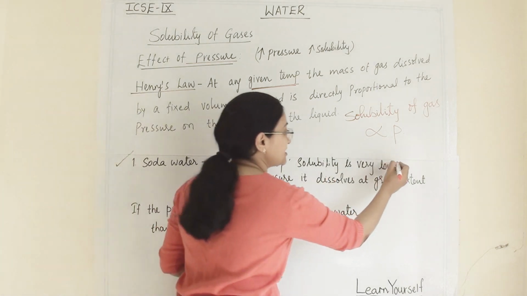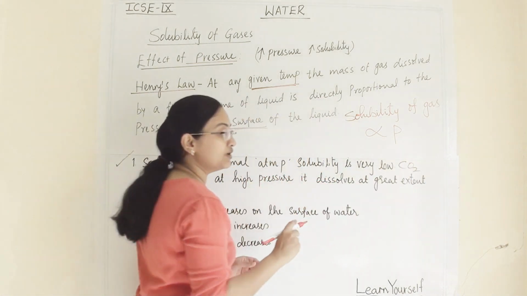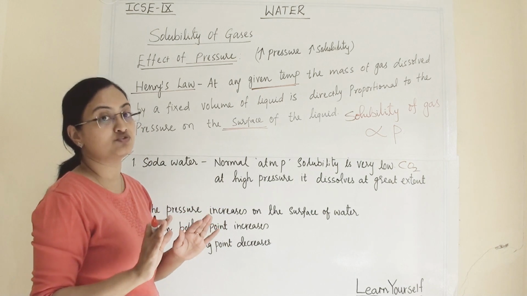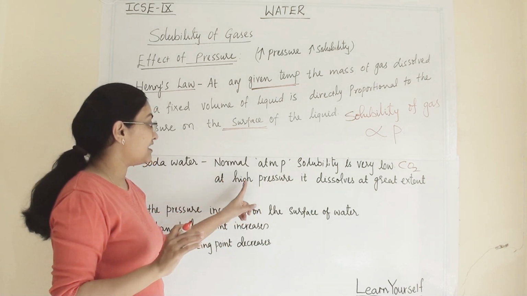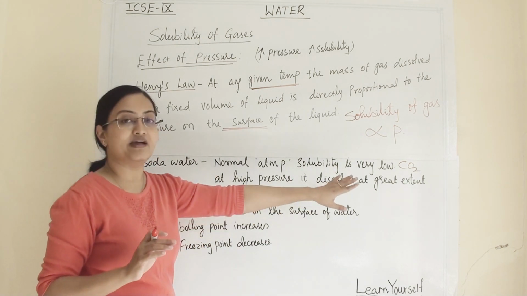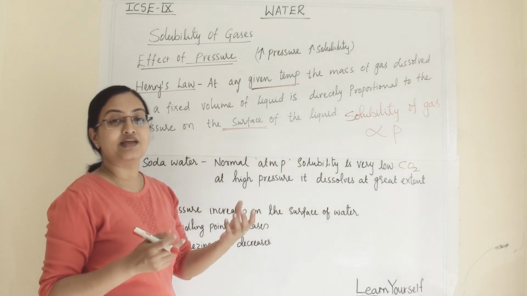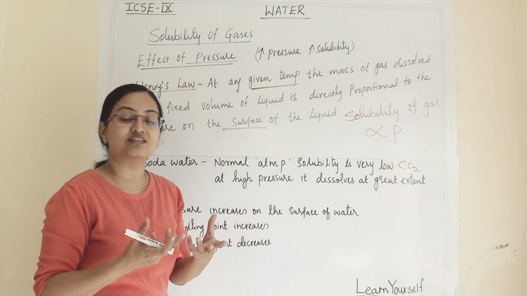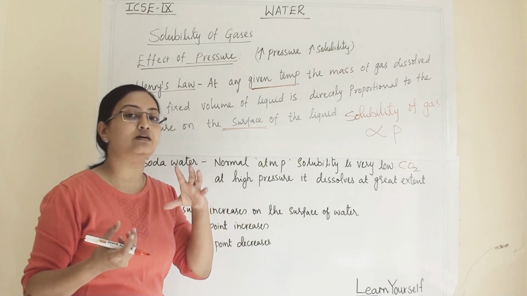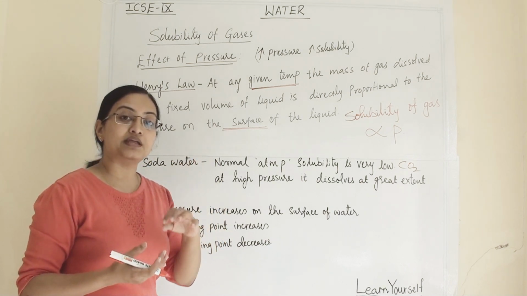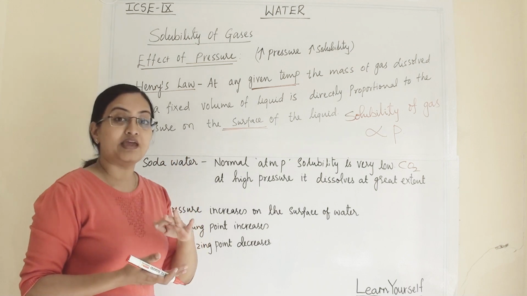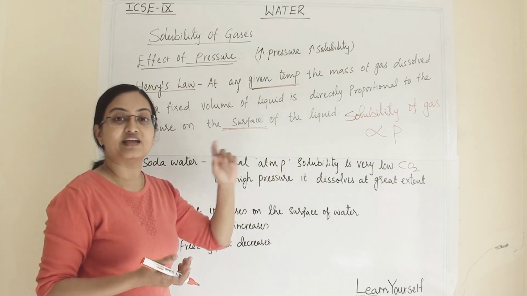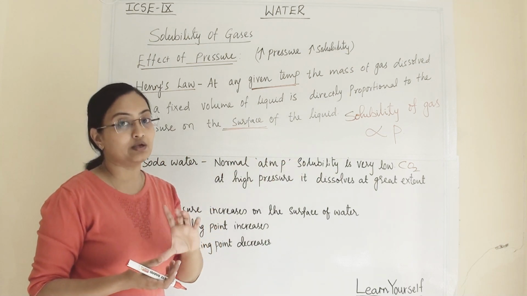Carbon dioxide solubility in water is very low at normal atmospheric pressure, but at high pressure it dissolves to a great extent. So when they fill a bottle, for example Pepsi or Coca-Cola, they fill the liquid inside the bottle under pressure and make the carbon dioxide gas dissolve into that liquid.